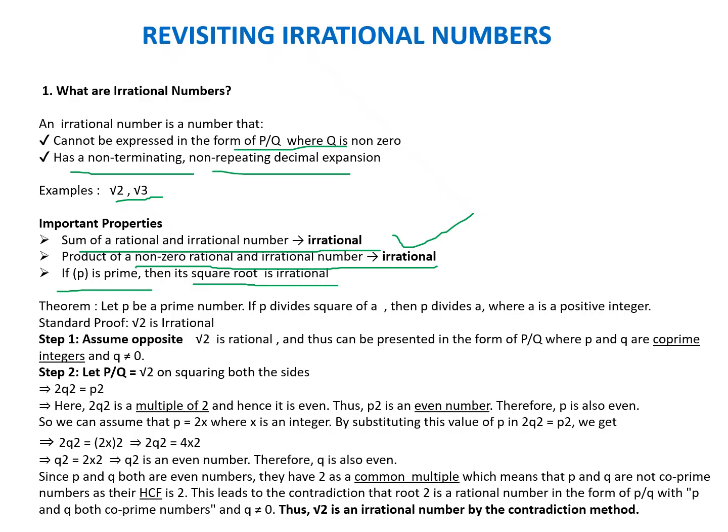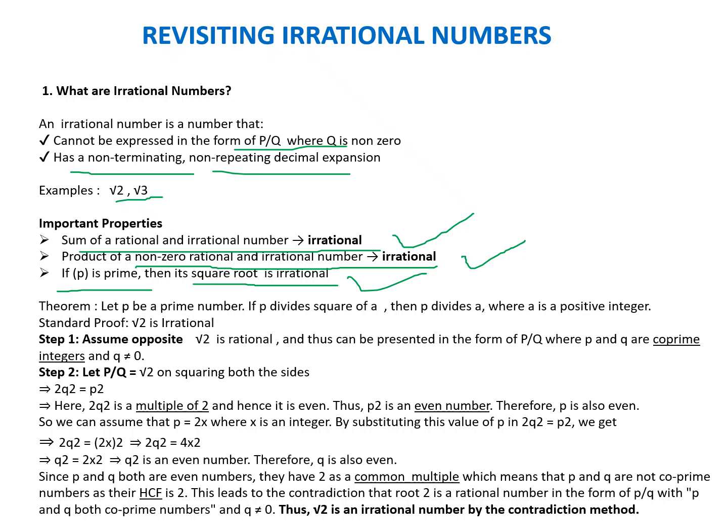The product of a rational number, which means a number that can be expressed in the form of p by q, and an irrational number is always irrational. And most importantly, if there is a prime number, then its square root is always irrational. This is very important: the square root of a prime number is always irrational.